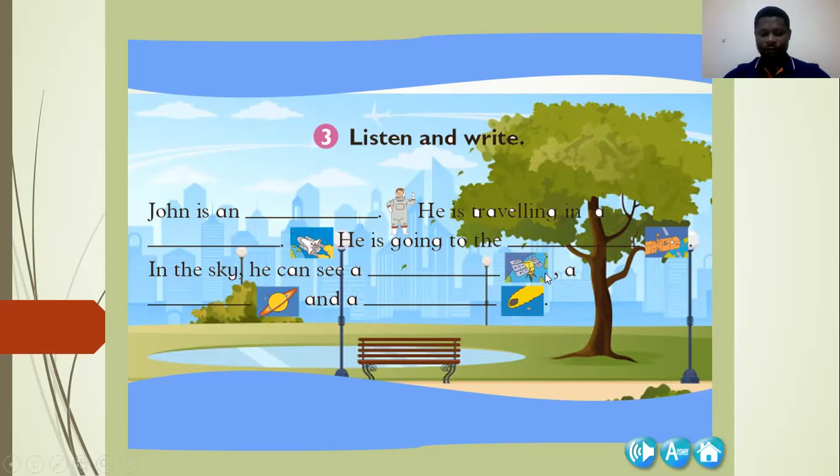So number one, John is an, what is your answer? Check your answer if you have finished. Try to write it in your book. Look at the image and write the answer here. Next, he is traveling in a, so what is this?